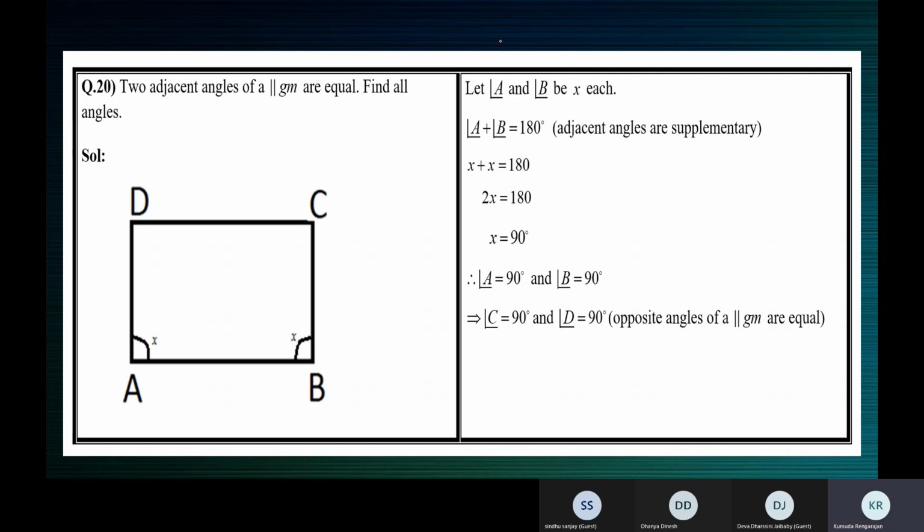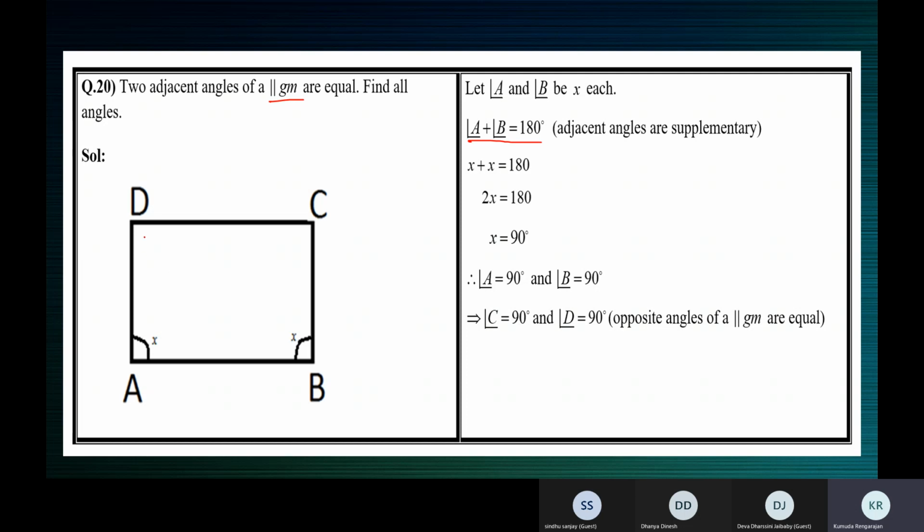So let the adjacent angles be x each. It's given that it's a parallelogram. So adjacent angles are supplementary. Angle A plus angle B is equal to 180. You can choose any two adjacent angles. Any two.